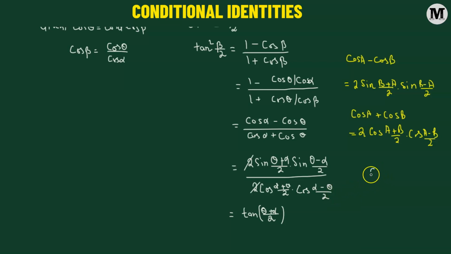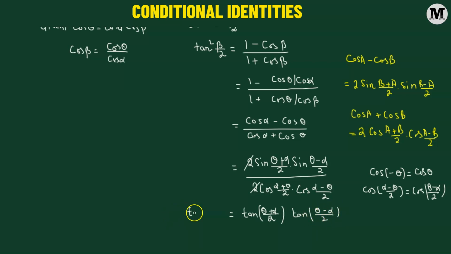But we know that cosine is an even function, meaning cosine of negative theta is equivalent to cosine of positive theta, which means that cosine of (alpha minus theta) over 2 is equivalent to cosine of (theta minus alpha) over 2. So we can replace this value with cosine of (theta minus alpha) over 2, and the ratio sine over cosine is the tangent function. So we have tangent of (theta minus alpha) over 2.